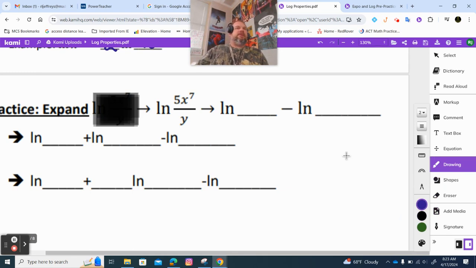We see there's division. We have subtraction things right here. What would go in this blank right here? Yeah, the 5x to the 7th because it's on top, and the y because it's on bottom.